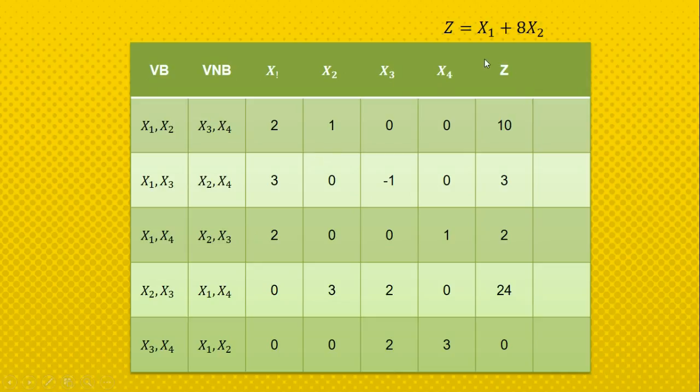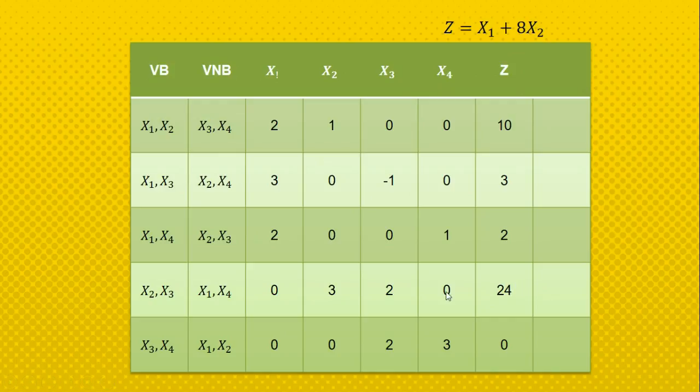For z, we just focus on x1 and x2. If z is to be maximized, we can use this one. You can use the 24. This will be the maximum value of z, at this point.